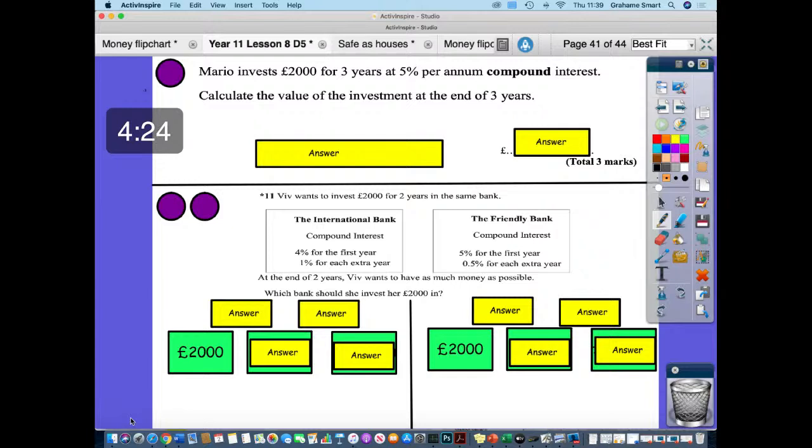You need to choose between the international bank and the friendly bank, but they have different interest. They're both compound interest. It says it here. But they have different interest rates for the first year and then each year thereafter. So you need to be careful with this question and spend a little bit more time thinking about it. I'll give you 3 minutes or so before I go through the solutions.